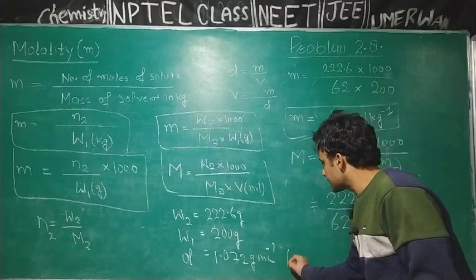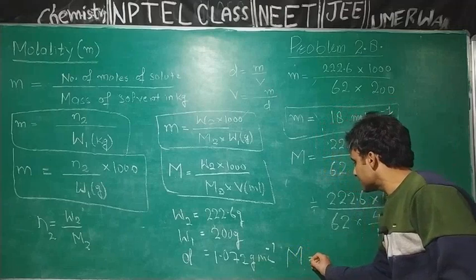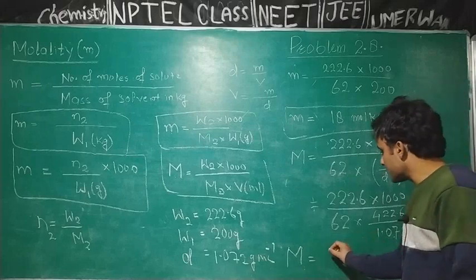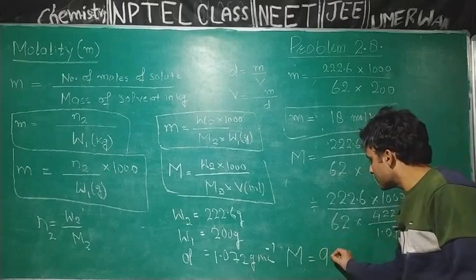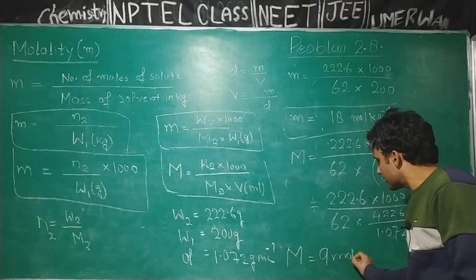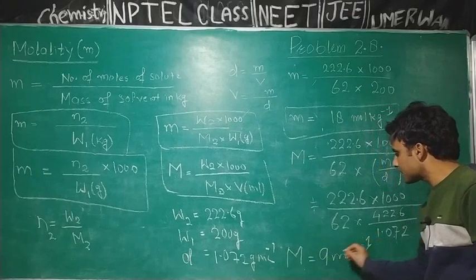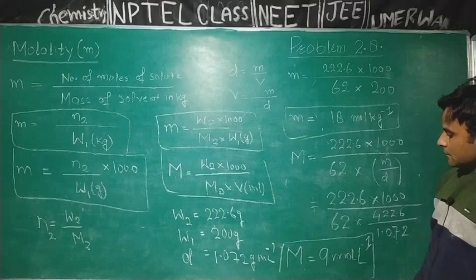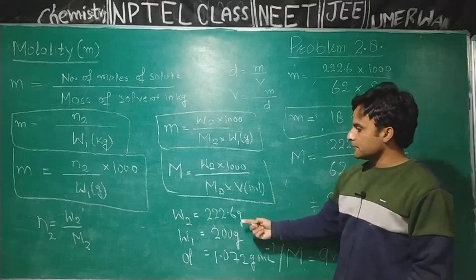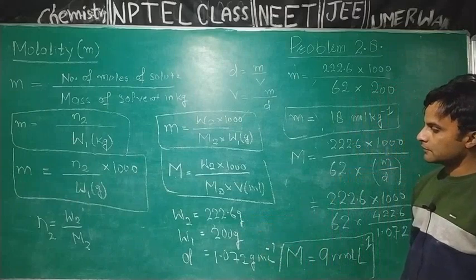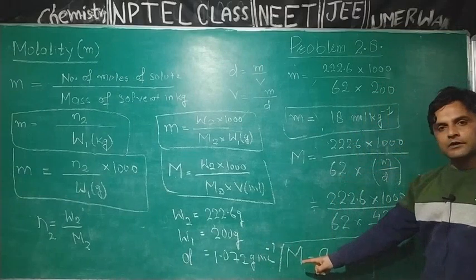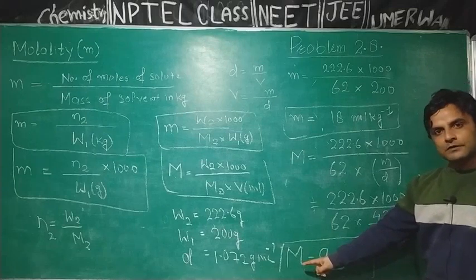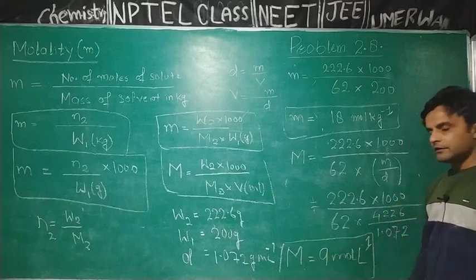After evaluation, the molarity of the solution comes equal to 9 moles per liter, and the information is that when we take 222.6 grams of ethylene glycol and 200 grams of water, we are actually preparing a solution of ethylene glycol in water of molarity 9 molar.